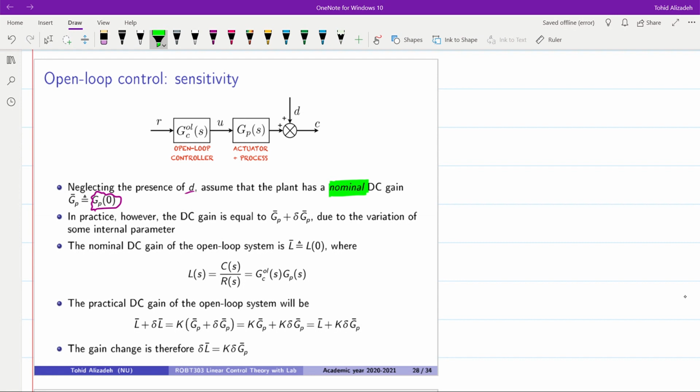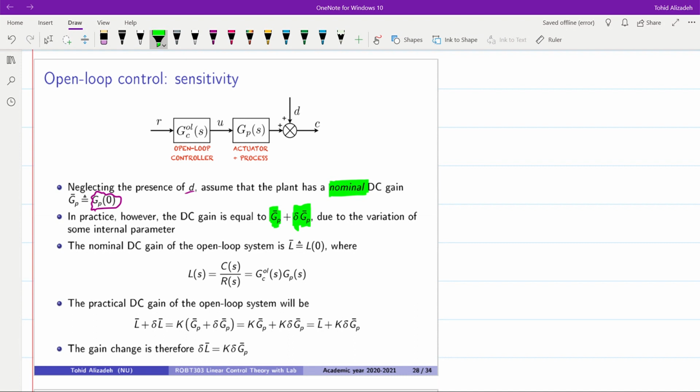So GP bar is the nominal value, but the practical one will be GP bar plus delta GP bar. This delta GP bar will be a small amount usually, but it will be a variation compared to the nominal value.